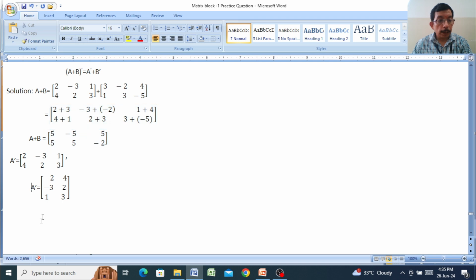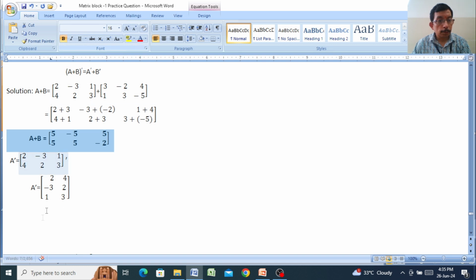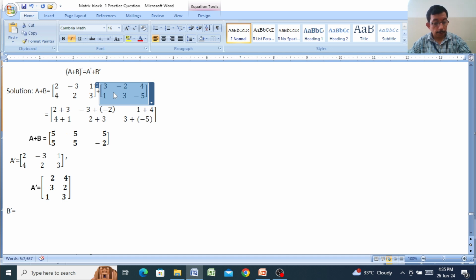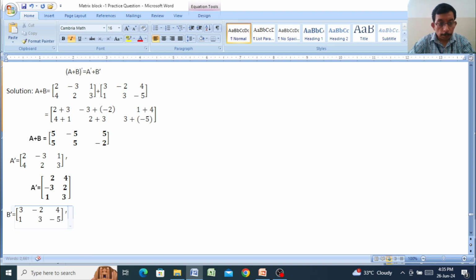Now we find the transpose of the matrix B dash. Now we find B dash, transpose of B. Note down the value of B. Now we transpose, row and column interchange in the next step.